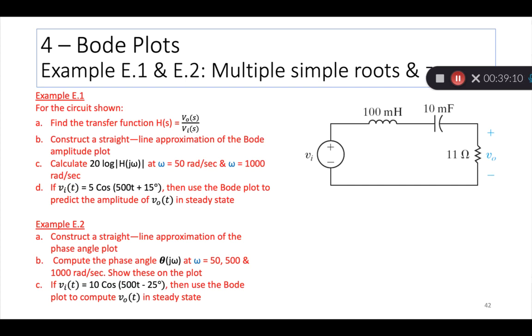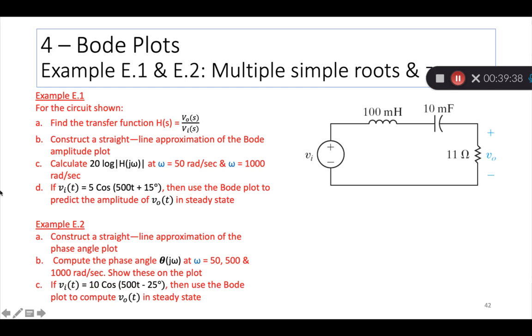And then the last point, D, is if you're given a certain input, which is a cos excitation, then what does your Bode plot tell you about the output? You should be able to say from your Bode plot, okay, the magnitude is so and so, the phase angle is so and so for the output at various frequencies.